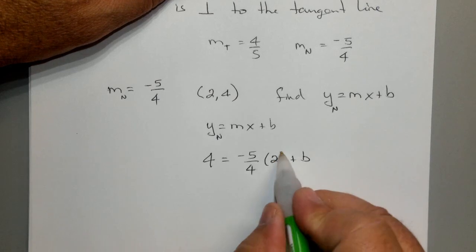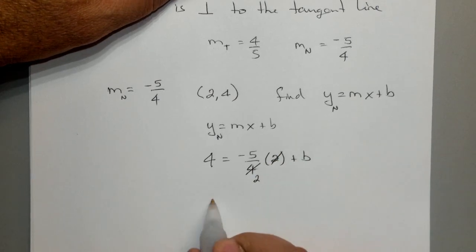Fortunately, these two can cancel, so 2 goes into 4 twice.